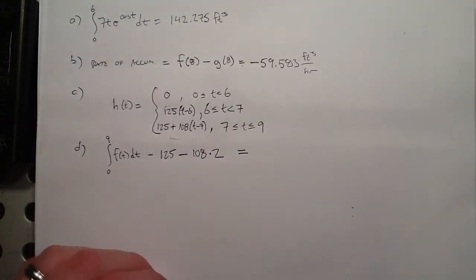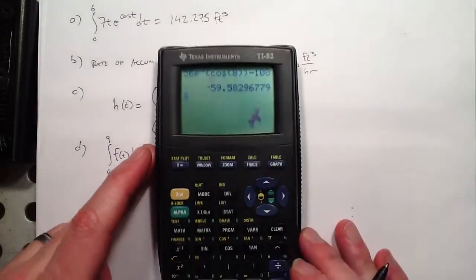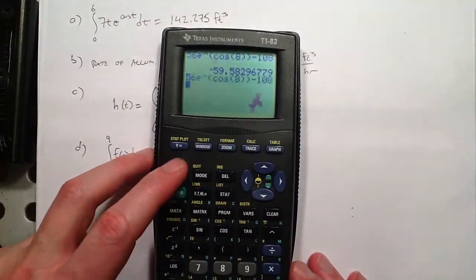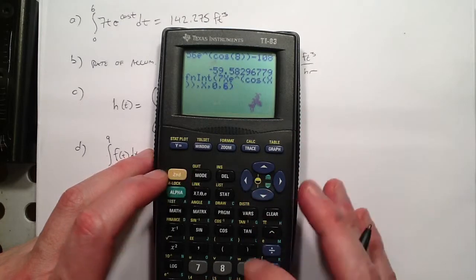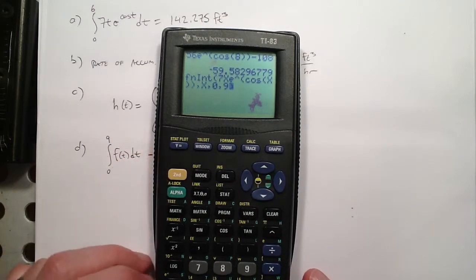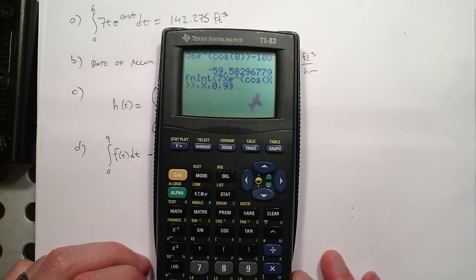So let's do that. I think if I go back a couple entries ago, yep, I can just change that to a 9. Right, there's my f in my function from 0 to 9.